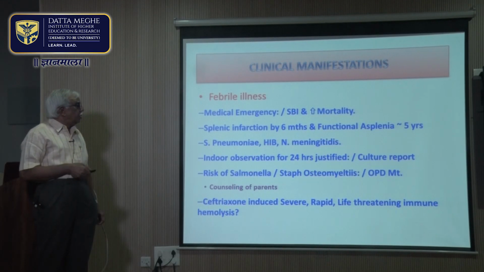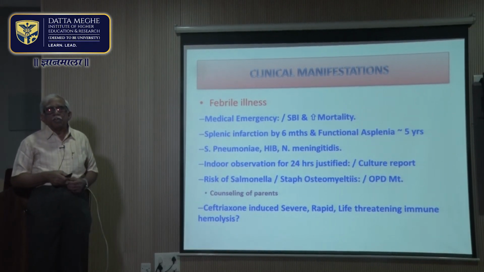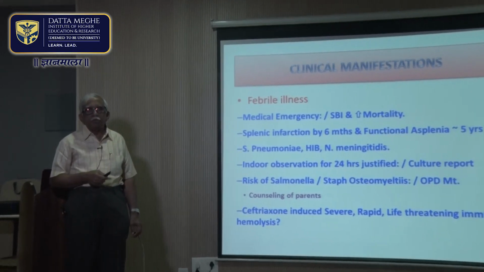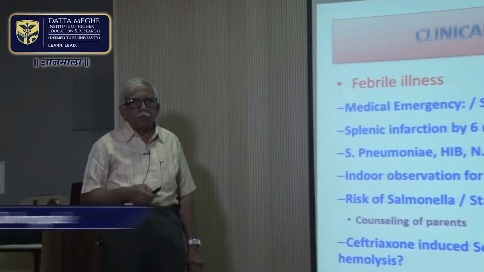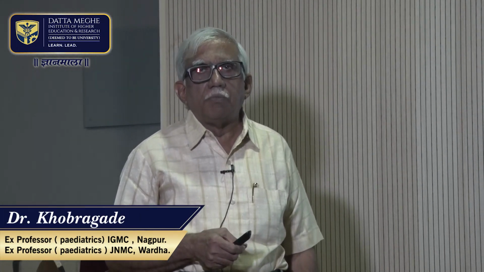Now, coming to the febrile illness, it is a medical emergency. In a patient of sickle cell anemia, the immune system is defective, because sickle patients have hyposplenism. The spleen is very important for production of opsonins, and when splenic function is deranged because of autosplenectomy, naturally the opsonization process is limited.